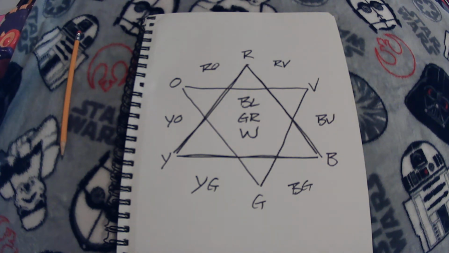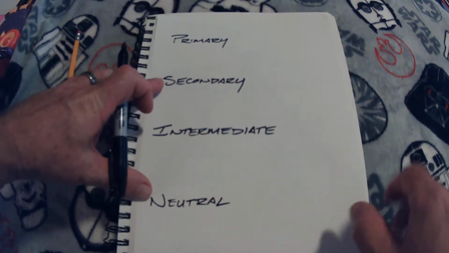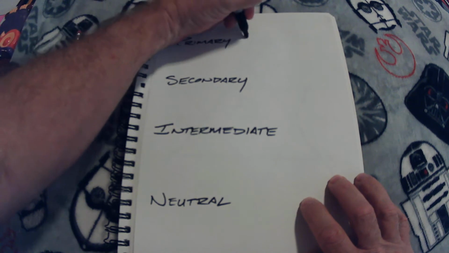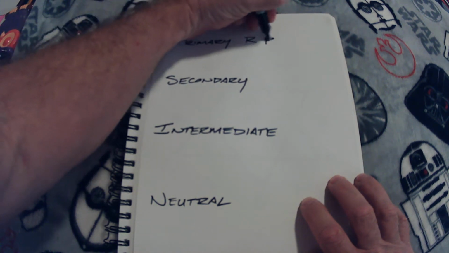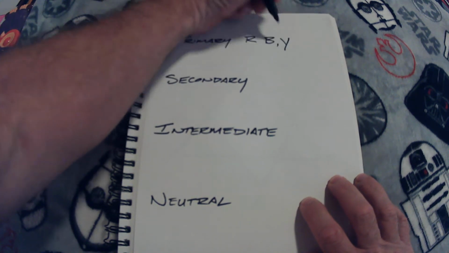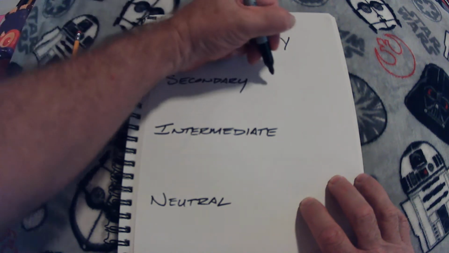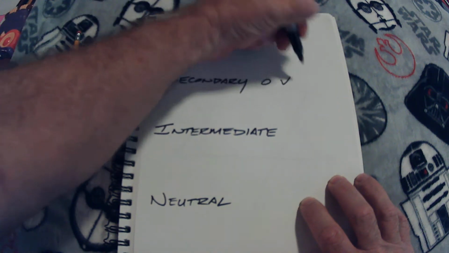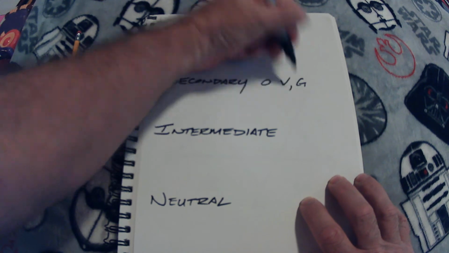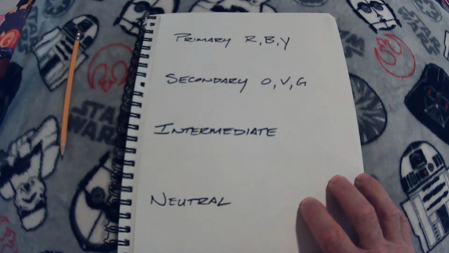So just to review your color wheel itself, your primary colors, red, blue, and yellow, those colors can't be made. They can't be mixed. They just exist. Secondary colors, orange, violet, and green, those are mixtures of the primaries.